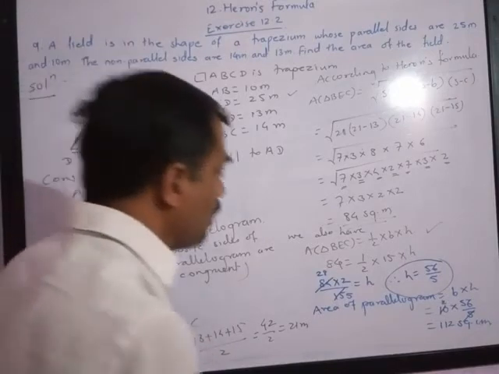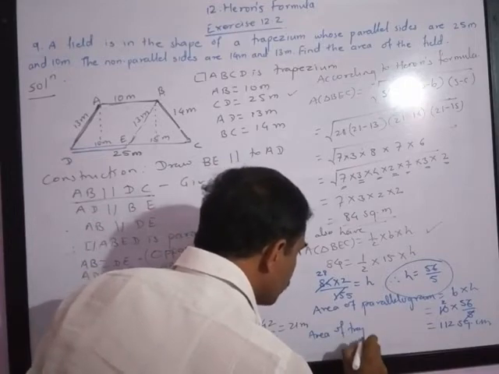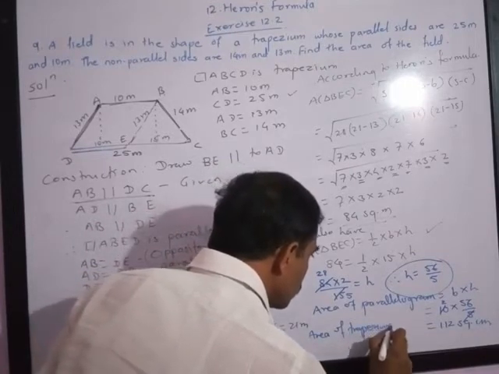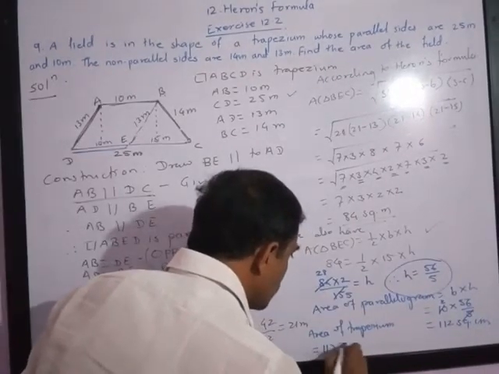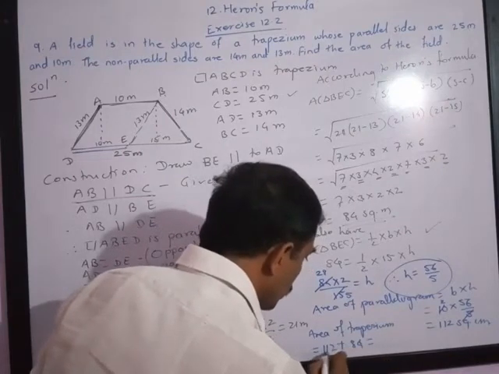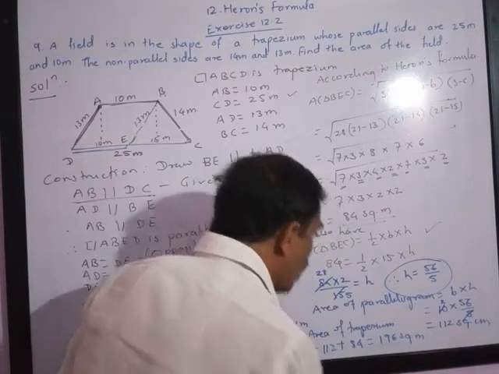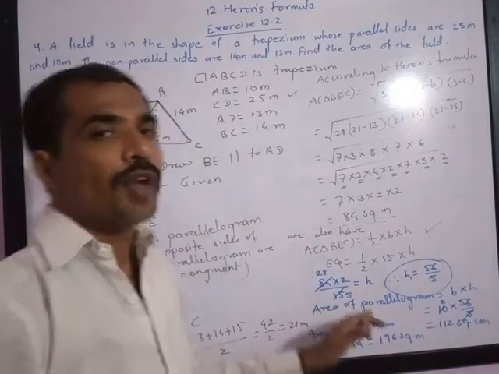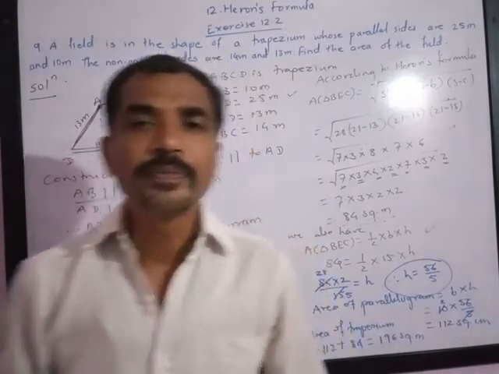So area of trapezium is equal to 112 plus 84, which is equal to 196 square meters.